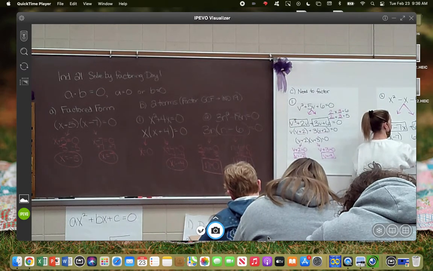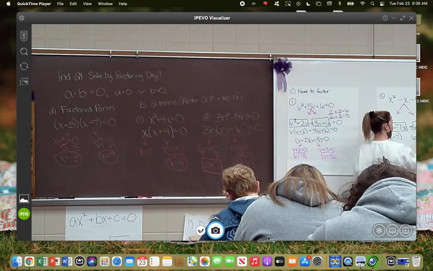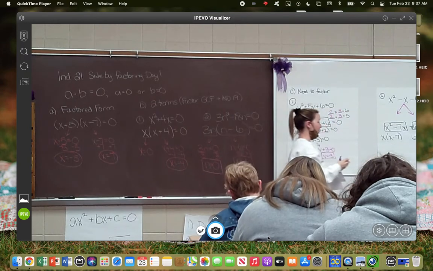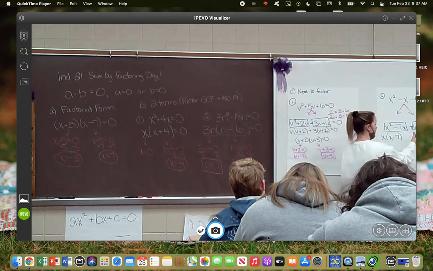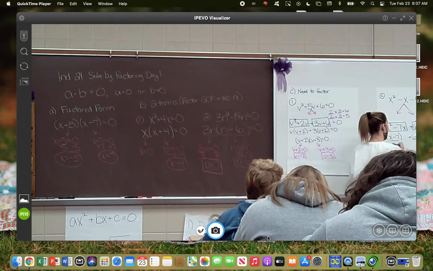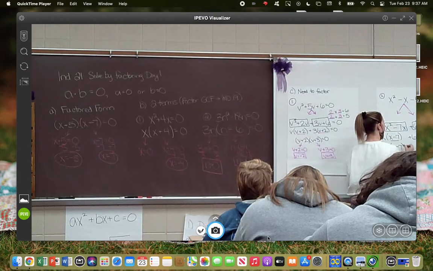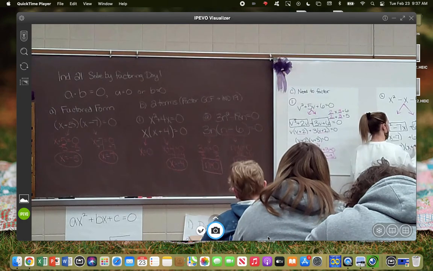And if I take out a 6 in each term, what am I going to have left? Do our two parentheses match? And if it's just a 6, always remember that is a positive 6. So since these two are in common, that's our first factor, and then our remainders there become our second factor.